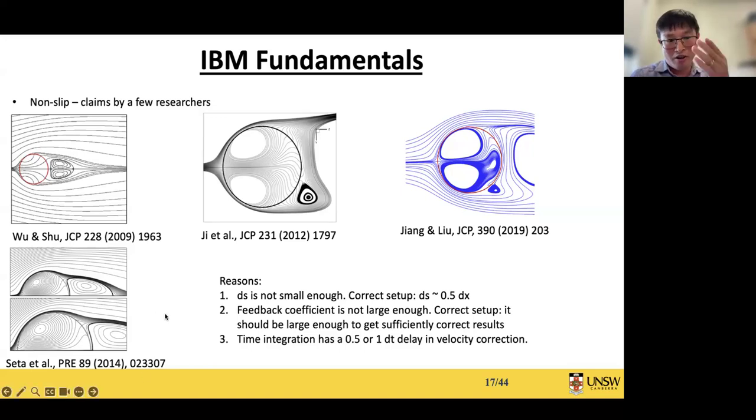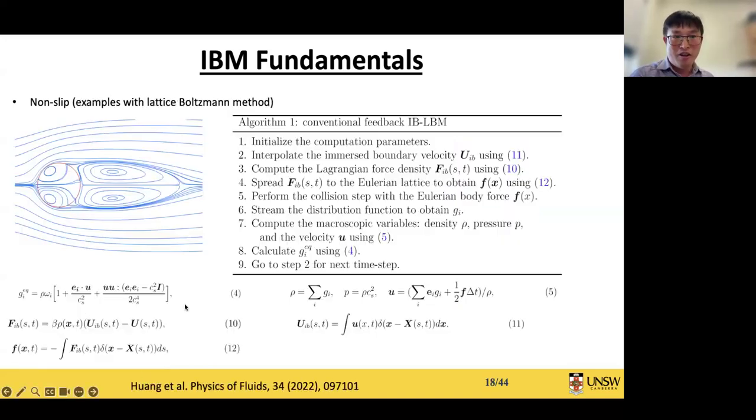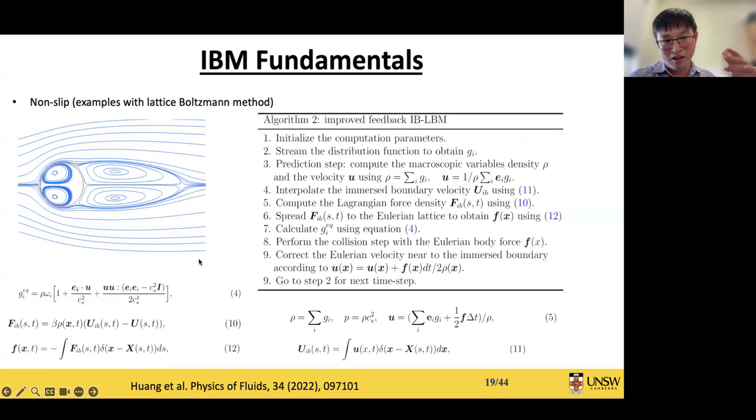And my student Chiu Xiang designed a few algorithms. The first one is the algorithm normally used by other people in the reference. We can observe that velocity penetration around the cylinder. Then we designed two other methods, and with this one you see that the outcome is very good.